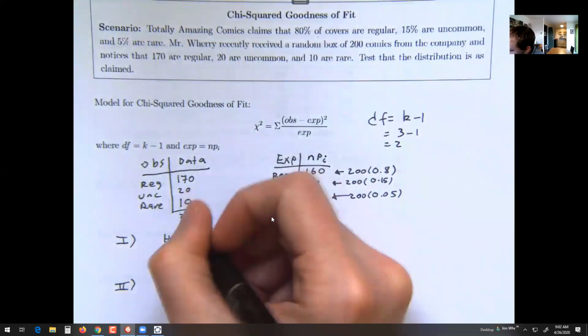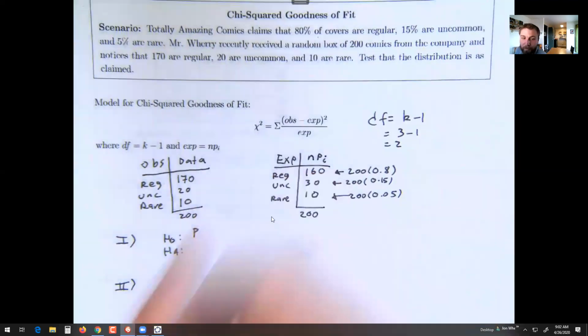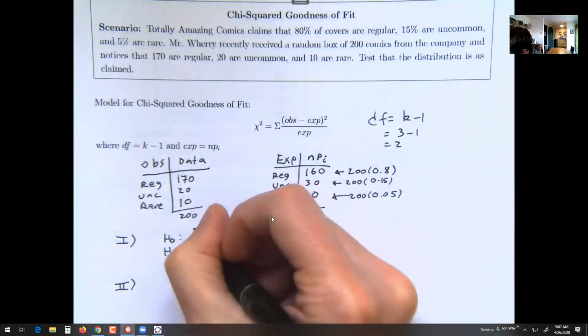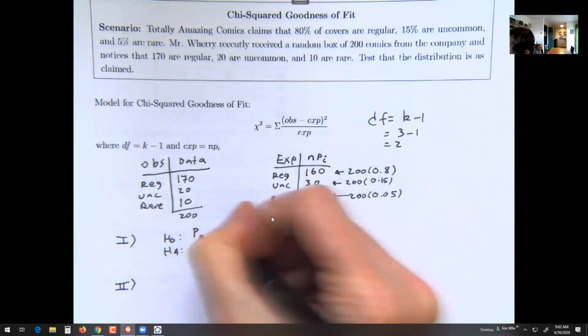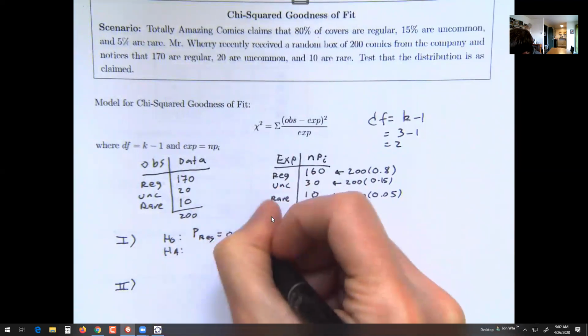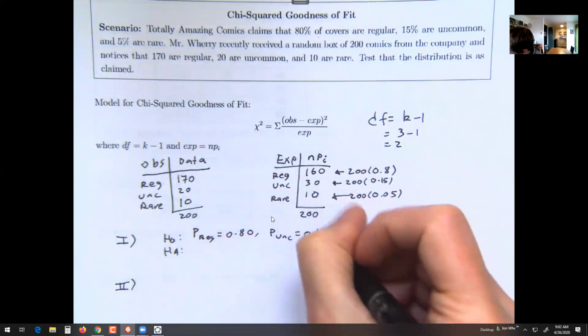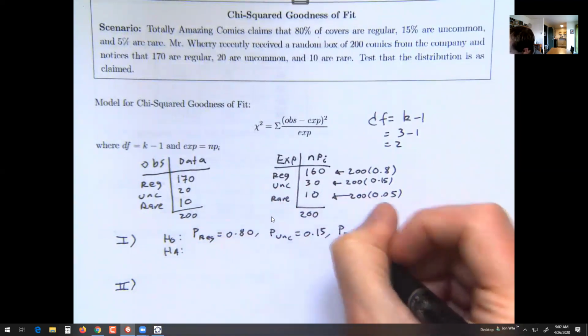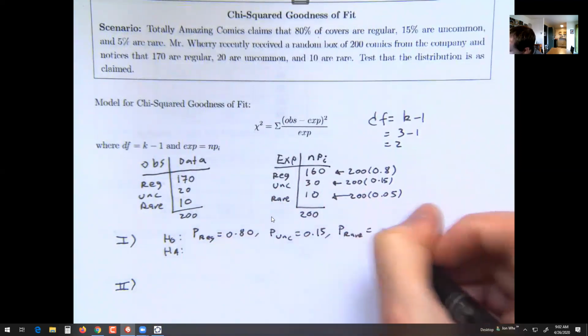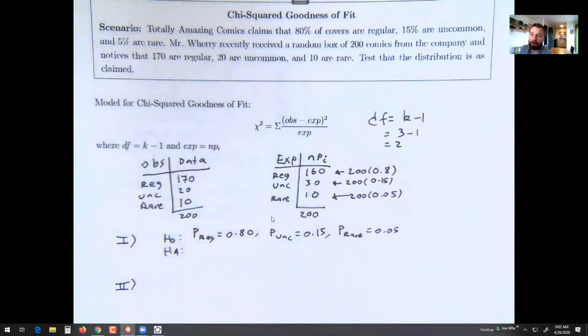So for the null hypothesis, I'm actually testing multiple things here. I'm testing that the percentage of regular is equal to 80%, that the percentage of uncommon is equal to 15%, and the percentage of rare is equal to 5%. So I'm testing to see if this entire distribution is a good fit.